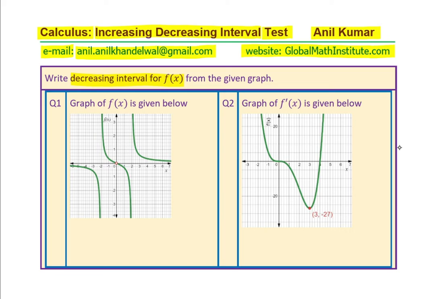This is not f of x. Derivative graph is given, right? So the first one is the graph of the function. Straightforward solution. However, this is graph of derivative. And from that you have to find the decreasing interval, right? So I hope it is clear now.